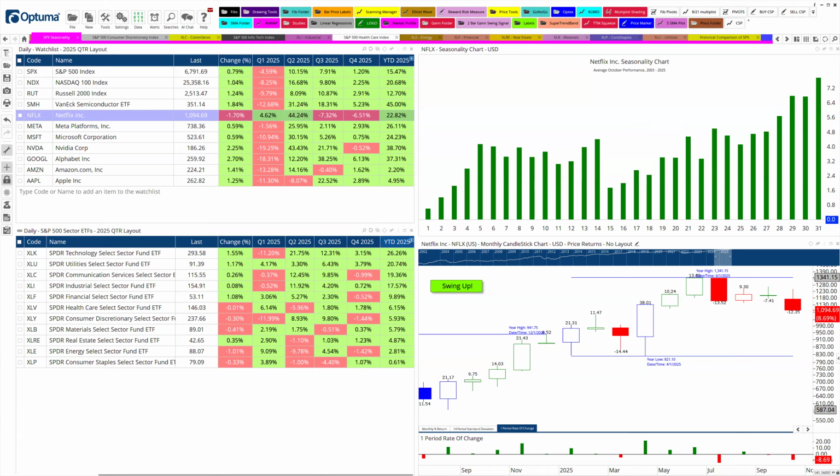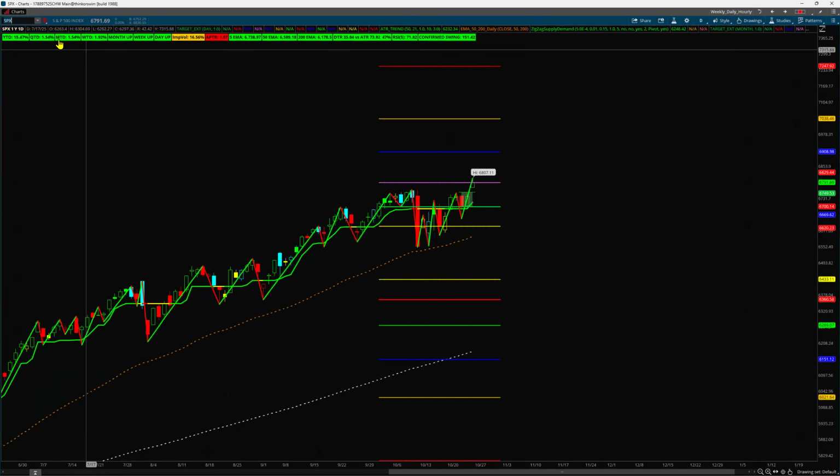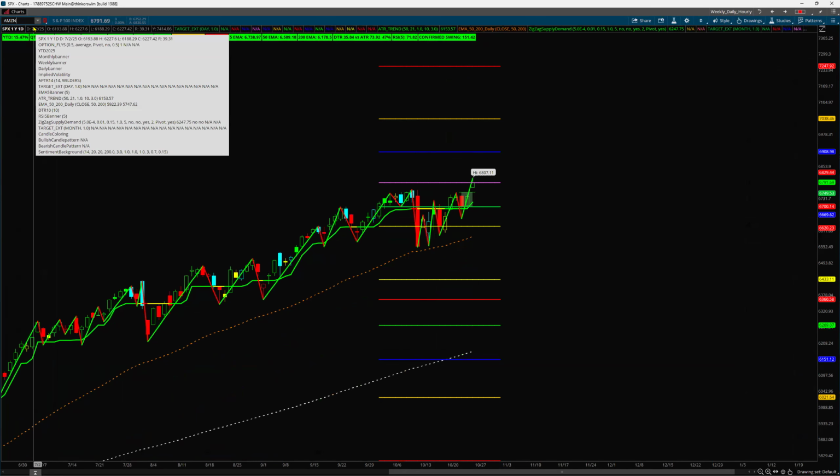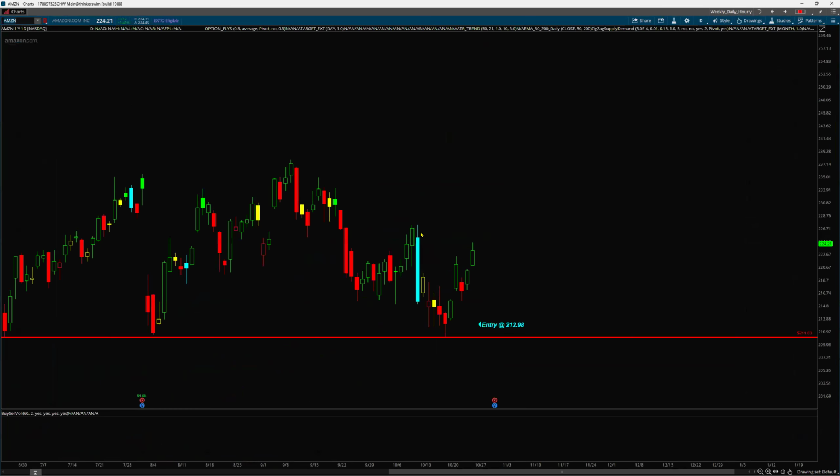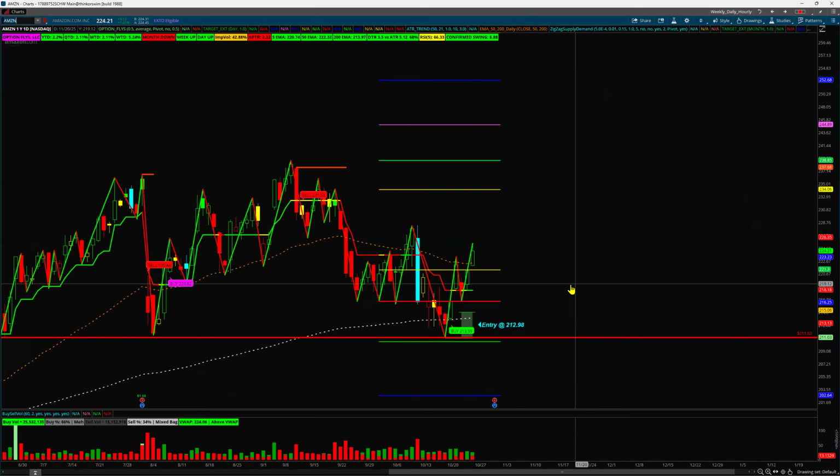It looks okay, just the swing is still down. Just the weekly swing is down as well, right here. So I didn't do anything heavy. I only bought 25 shares. I put a trade out at 212.98 is my net cost for 25 shares, which cost me almost $5,000.